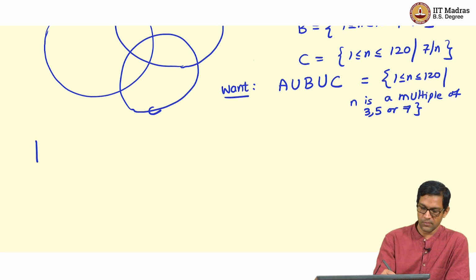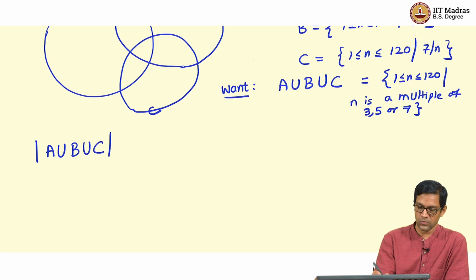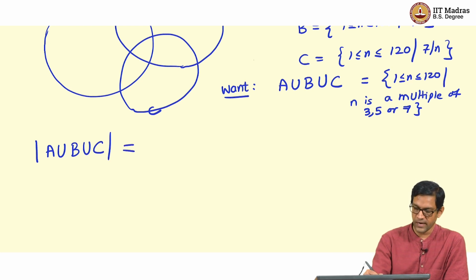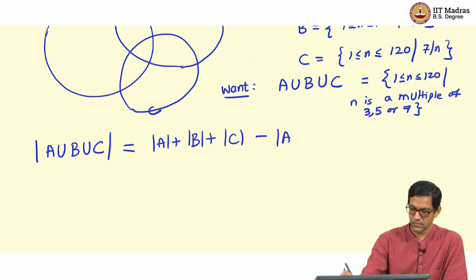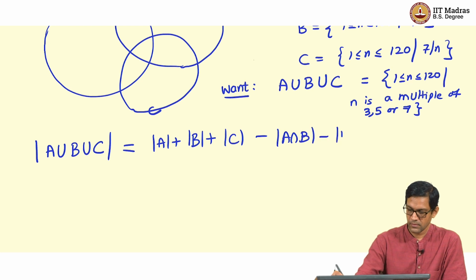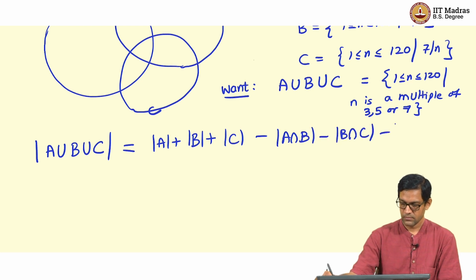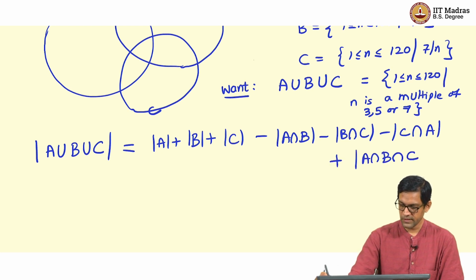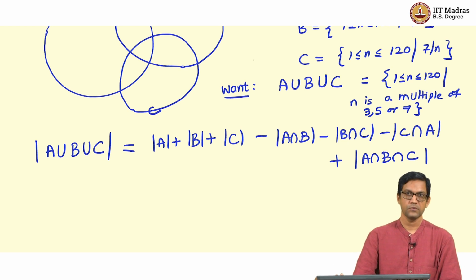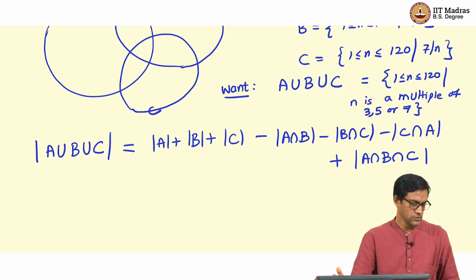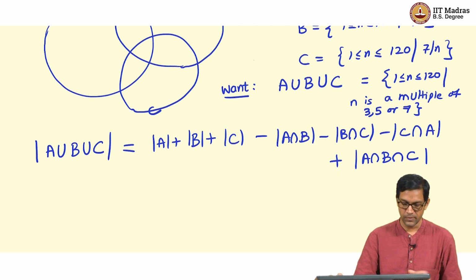So let us apply our formula. It says to compute this I need to know 7 other pieces of data, each of these cardinalities. But every one of them is actually easy to calculate. So let us do this in this example.